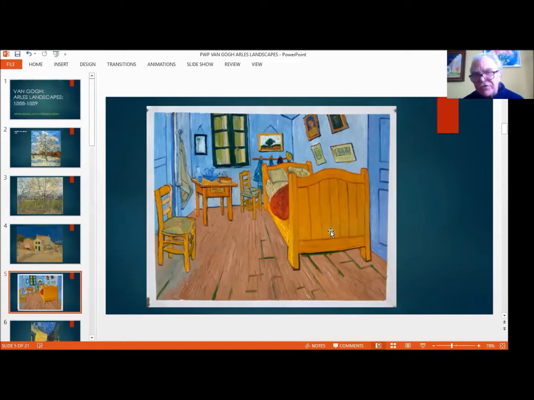It's a kind of emotional symbolism in colour, so that we get to feel something of what the artist is feeling about his room. The warmth of the red tiles on the floor, the kind of relationship of the red to the yellow, this warmth, the coziness of the bed against these cooler lilac and blue tones of the walls, the calmness.